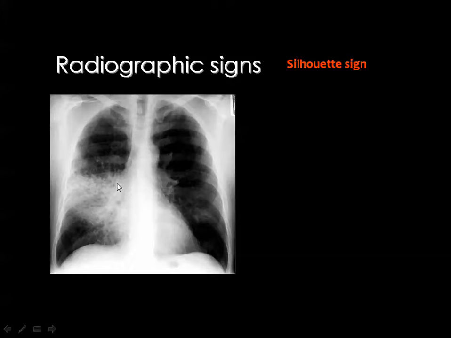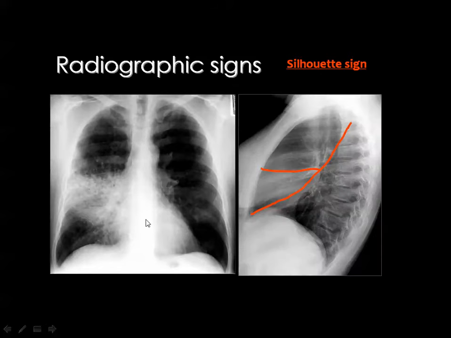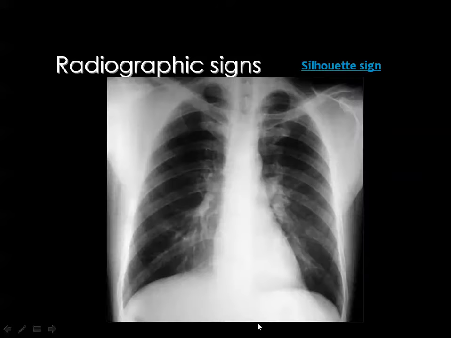This means that the opacity is adjacent to the heart and the heart is anteriorly located. Then the opacity is anteriorly located, and the anteriorly located region in the right lung is that of the middle lobe. Then you say that this is a middle lobe opacity without the need for a lateral view.